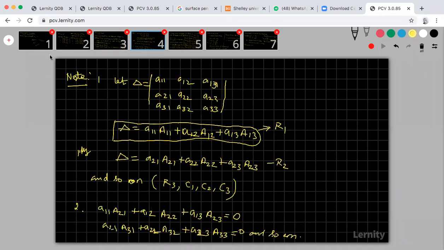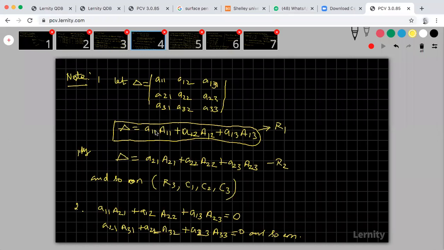Note number 1. Let delta be equal to the determinant with rows A11, A12, A13; A21, A22, A23; A31, A32, A33. That means the basic determinant with basic element notations. Delta means the determinant value.